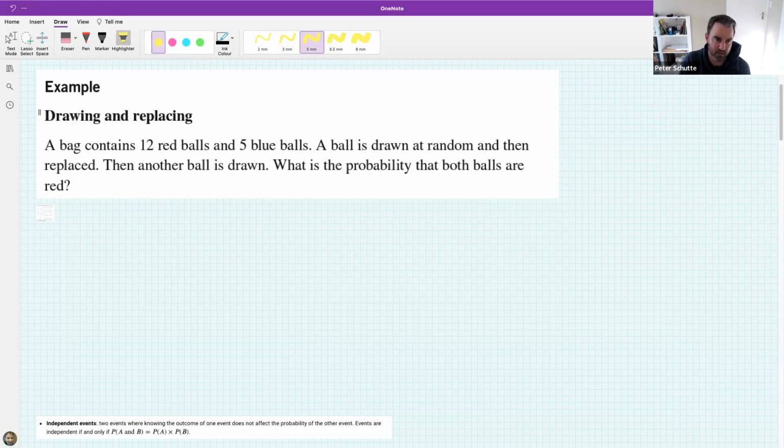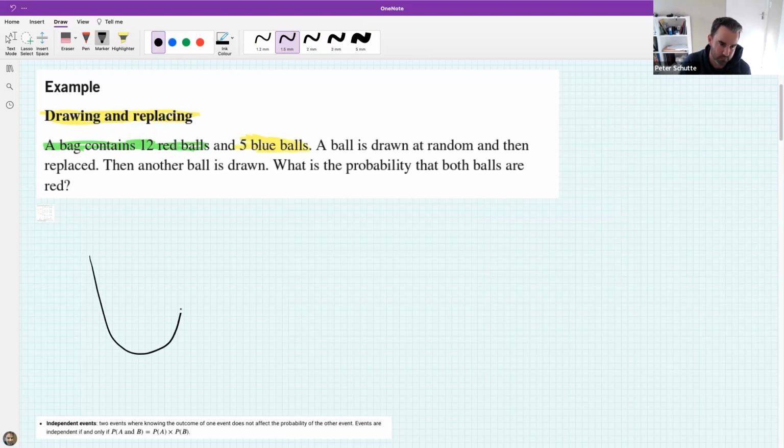The question says, drawing and replacing. And the situation is a bag contains 12 red balls and 5 blue balls. So these are just balls inside a container of some sort.